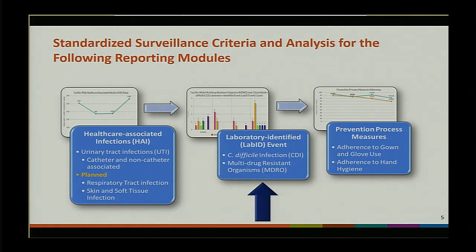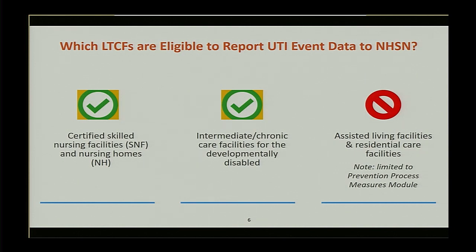You don't have to do both. So you have options there. This module is available to certified skilled nursing facilities as well as intermediate chronic care facilities for the developmentally disabled as well as nursing homes. So assisted living facilities and residential care facilities are not eligible to report into this module.